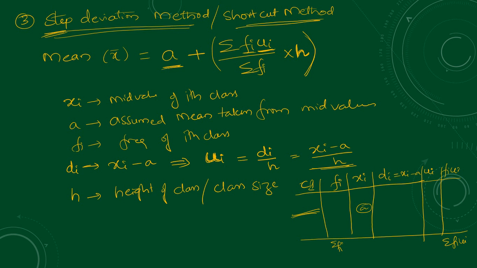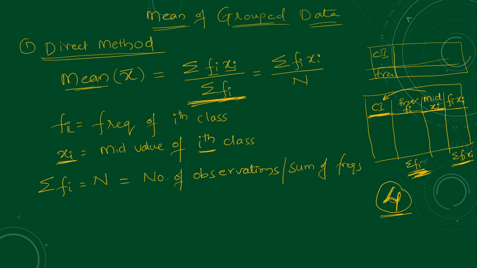So how many columns do we have here? Totally 6 columns. So from this what have you understood? As the method changes, the number of columns increases by 1. Now one by one: in the direct method, the formula is simple, so we are having 4 columns. In those, the first 2 columns are given in the question itself. The third column will be prepared by us, and the fourth column we get by multiplying, right?